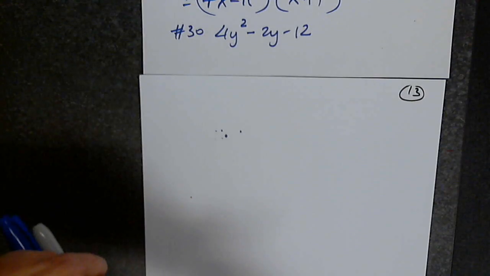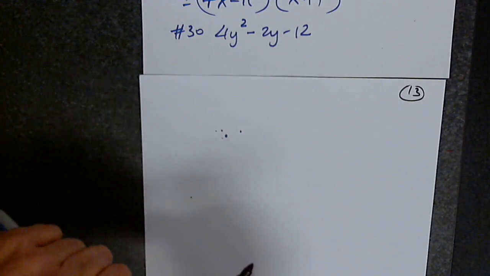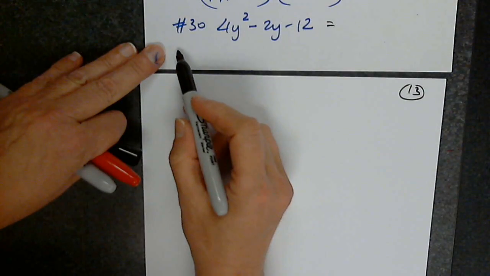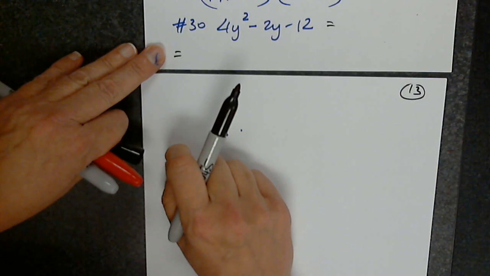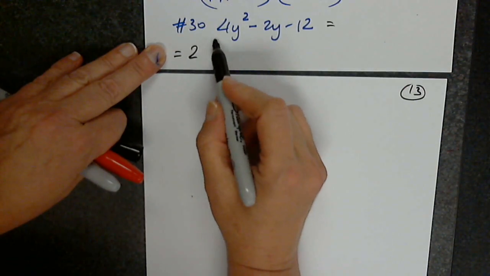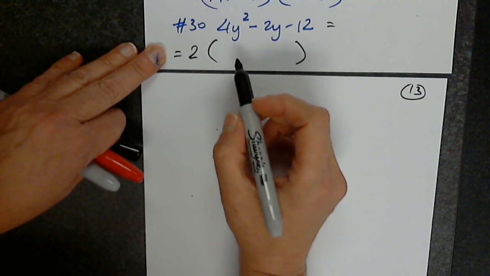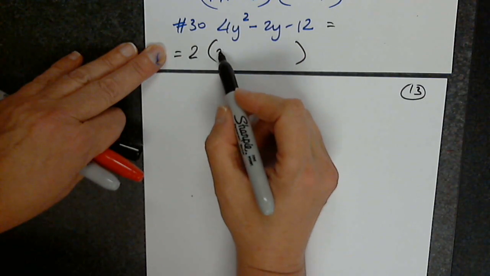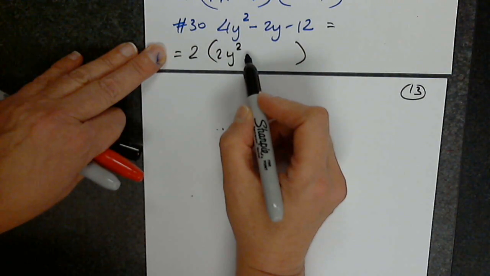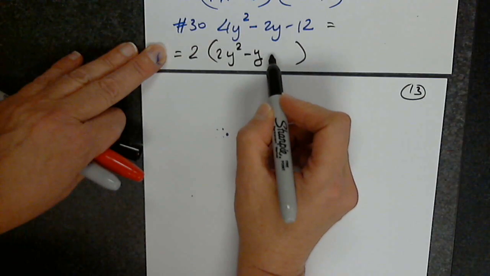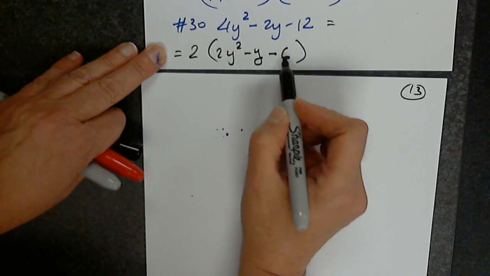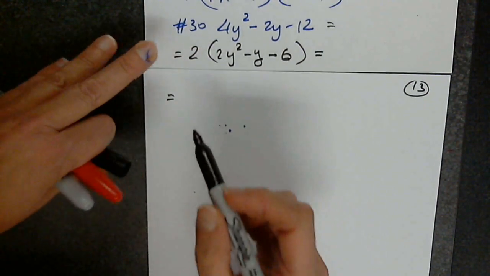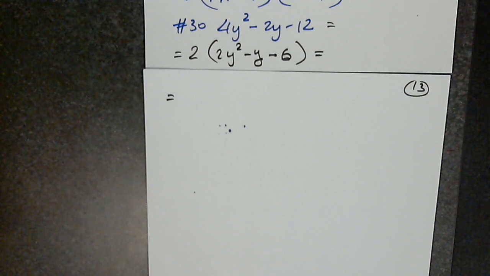Good. Polynomial? I'm sorry, trinomial? Okay. Descending order? Greatest common factor? 2. What is left in parentheses? 2y squared minus y minus 6. Good. Special product? Is 1 the leading coefficient?